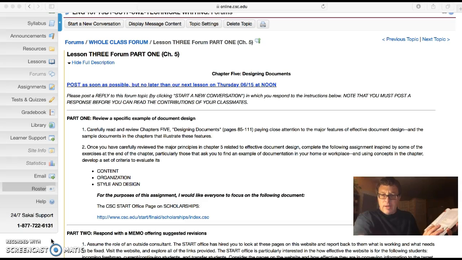But really, the most in-depth detail of the chapter is about the use of headings, layers of headings, levels of headings, and how to divide up the document in ways that make it reader-friendly. Towards the end of the chapter, they really have a lot of very specific examples.